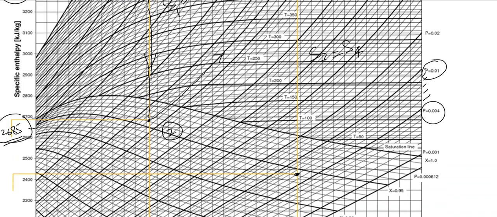So 0.004, 0.005, 0.006, 0.007, 0.008, 0.009 and so on. That's correct actually. So this line over here is my 0.006, and entropy S3 is equal to S4.